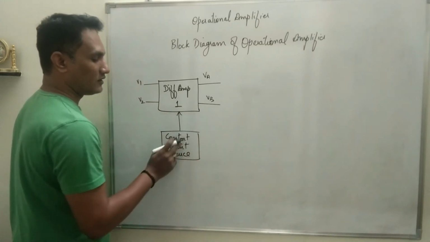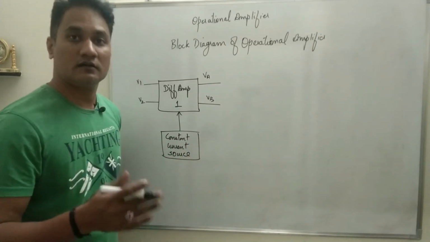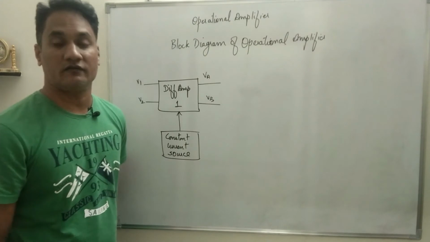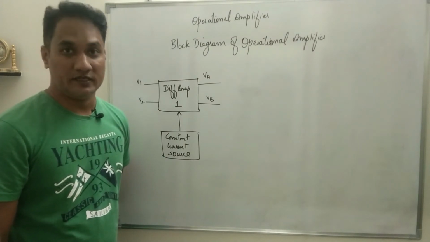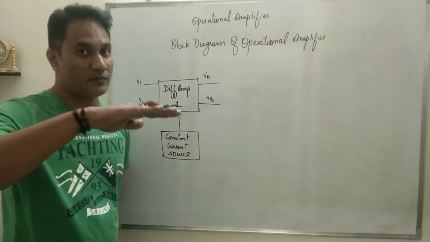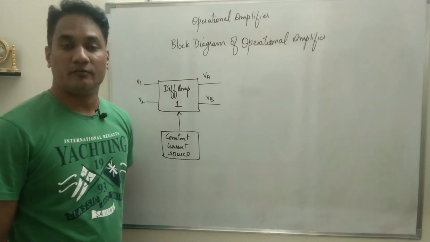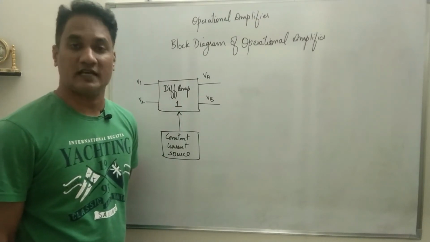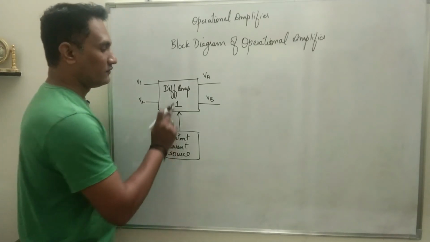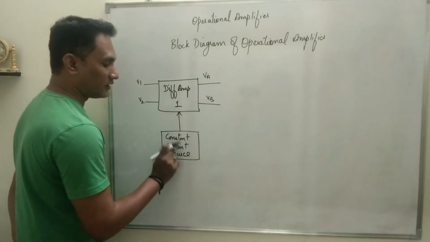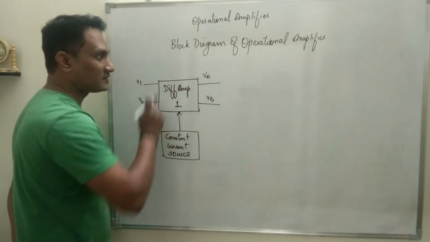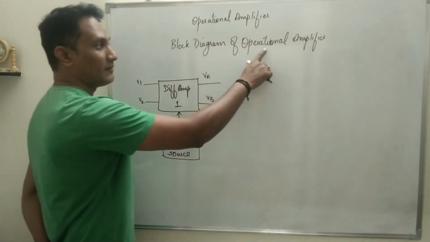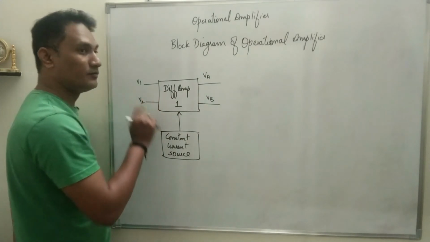This constant current source is nothing but the second power supply, minus VCC, which provides constant current for the two emitters of the transistors. It makes sure the operating point of the transistors remains stable, between saturation and cutoff. So we have a differential amplifier with a constant current source. This is the first stage of the operational amplifier, which means an operational amplifier will always have two inputs.